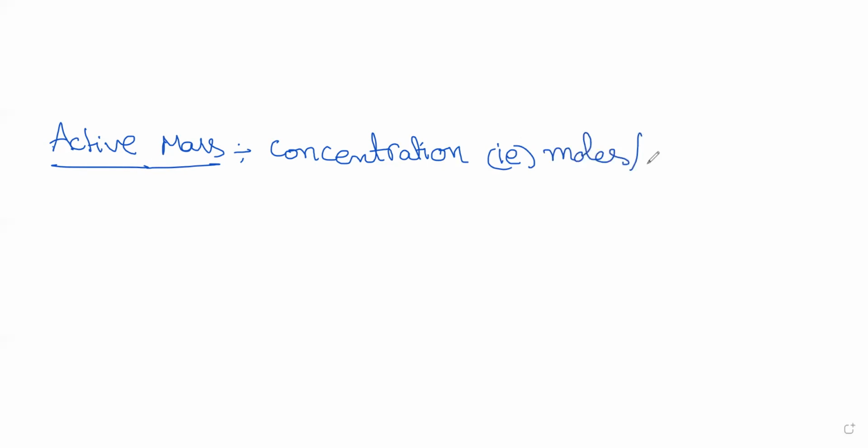Now, what is active mass? Active mass means concentration. The concentration expressed in moles per liter is called active mass. How do we write this active mass?